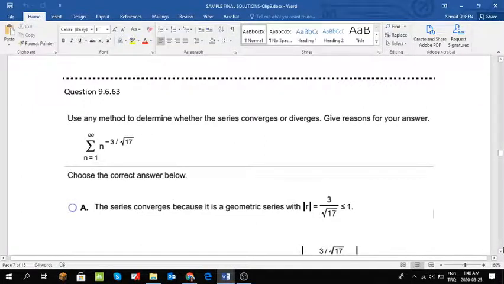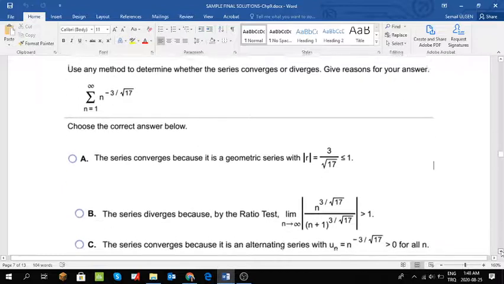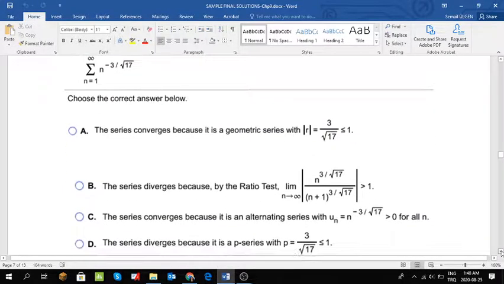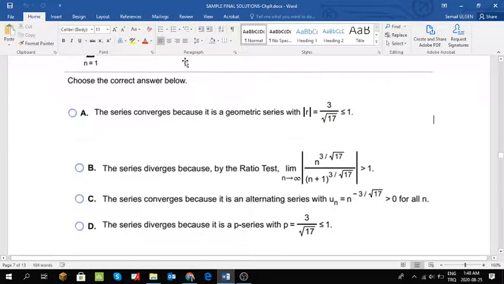Let's look at the choices we have. They talk about geometric series, ratio test, alternating series, and the P series. So which one should we start with?